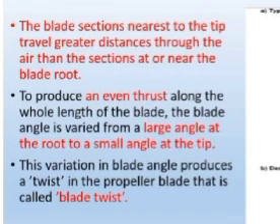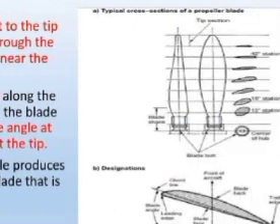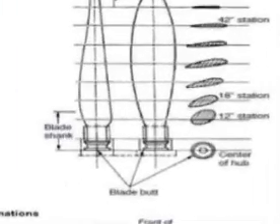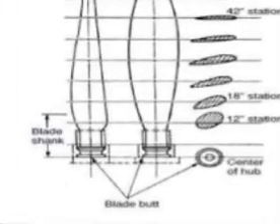Now this variation, from the root or the shank to the tip, is called blade twist. It's called blade twist. So on the board, you realize that right from the root or the shank, it is bigger because the root or the shank is thicker and getting to the tip is thinner.